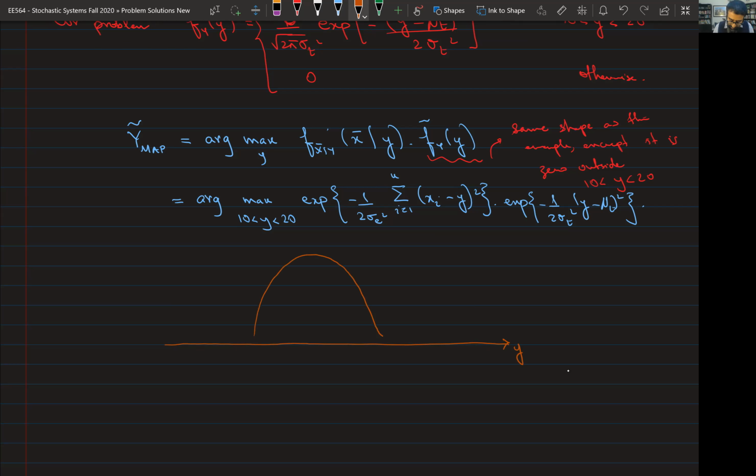And let's assume case one, where this is y equals 10 and this is y equals 20. The optimum for this objective function is obtained where the slope is 0, and this would be this value here. This is the y hat that's there in the textbook.